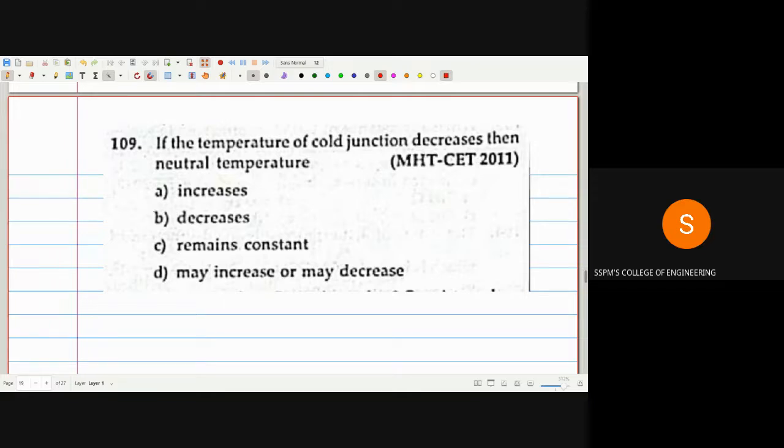In the thermocouple, there are two junctions. One is the hot junction and second is the cold junction. And if you increase the temperature of the hot junction, then the current in the circuit will be increased. So electrical energy totally depends on the hot junction, not the cold junction. Because what is given in this example? If the temperature of the cold junction decreases, then what happens to the neutral temperature? It will remain constant. Option C will come.